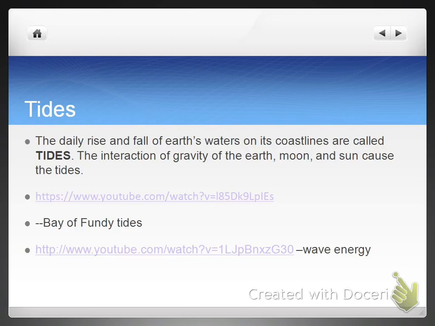And there are different types of tides that occur as well. We have spring and neap tides, and we'll talk about those in a minute. But we're going to pause here, and we're going to look at 2 video clips. We're going to look at the Bay of Fundy, which has some of the most phenomenal tides and the greatest difference between high and low tide each day because of the shape of the bay, and I want to show you that.